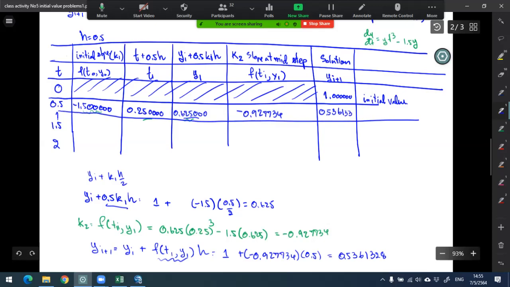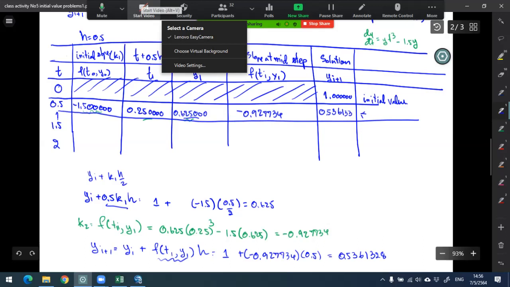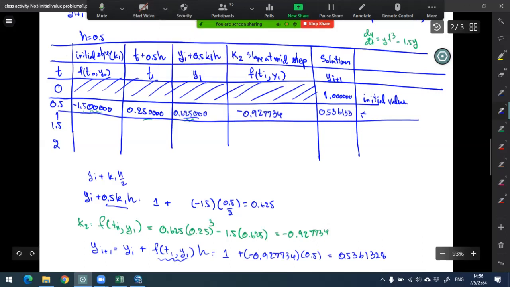After that, we can find the percent error and use this as the initial value to perform the next step, to determine the next step. Okay, you understand the midpoint method, or modified Euler method.